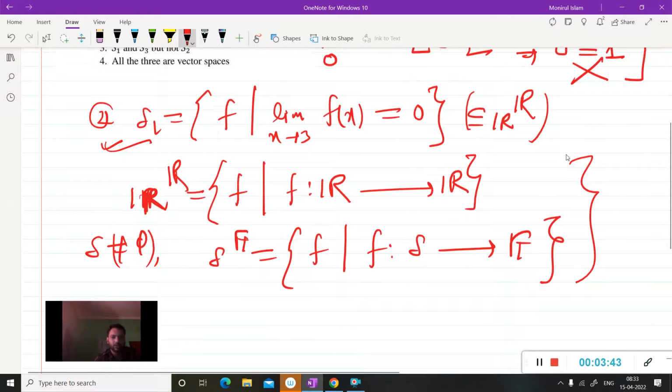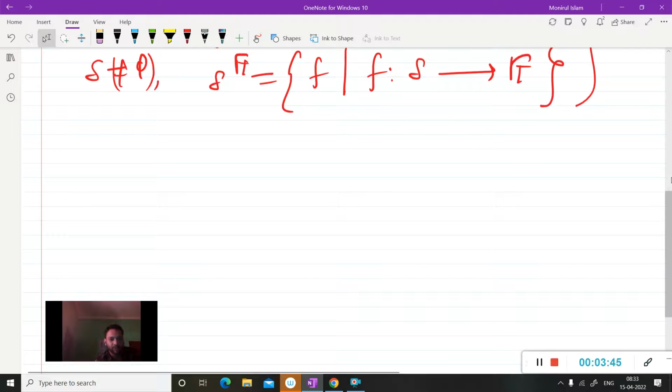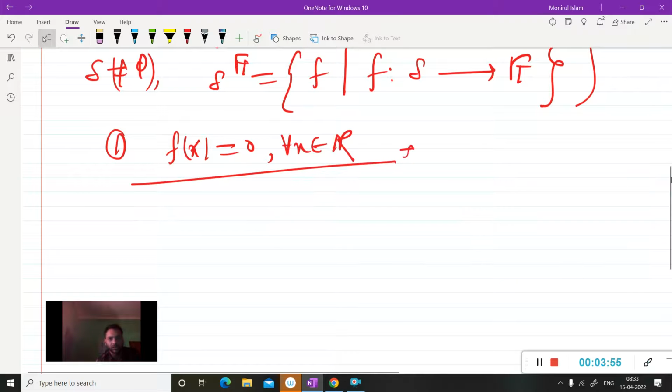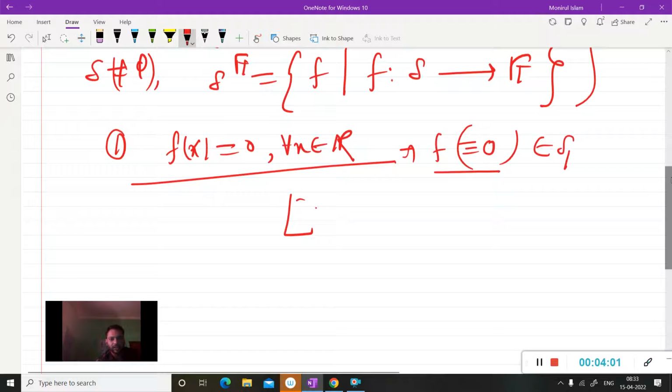How do we prove that? First of all, we have to check whether the zero function belongs to S1 or not. The zero function is identically 0. This function belongs to S1, because if you take the limit as x tends to 3 of f(x), it is 0.